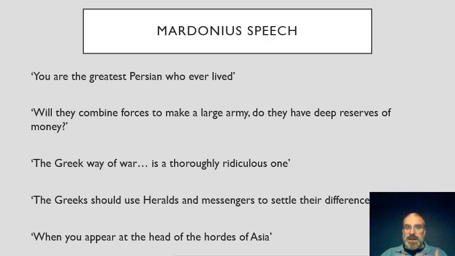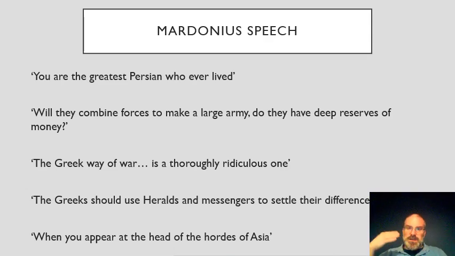Now, Mardonius, again, just doesn't understand the Greeks, because he goes on to say that when Xerxes appears by these Greek cities at the head of the hordes of Asia, again emphasizing size rather than any kind of skill or motivation of freedom or duty, the Greeks will all give up and surrender anyway.